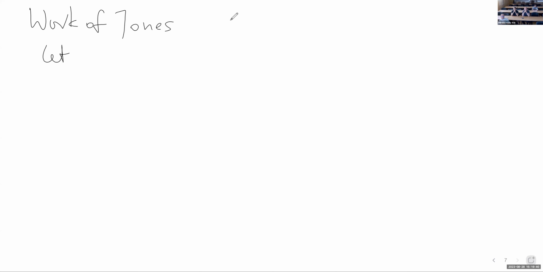Okay, now a change of notation. I started writing M, so I apologize. Now M is not going to be a manifold, it's going to be a II_1 factor. What's a factor? A factor is a von Neumann algebra.